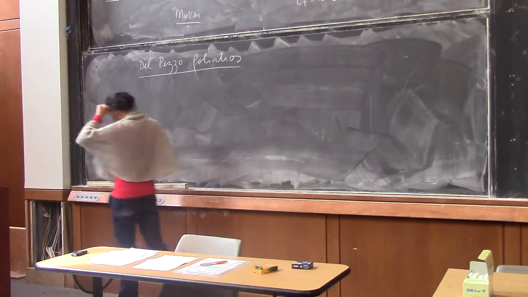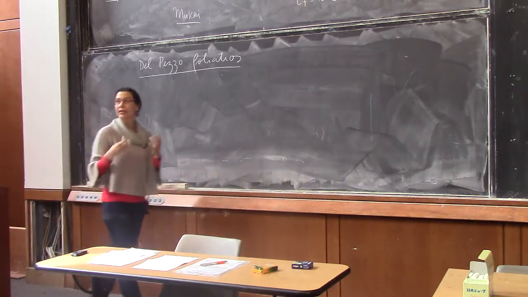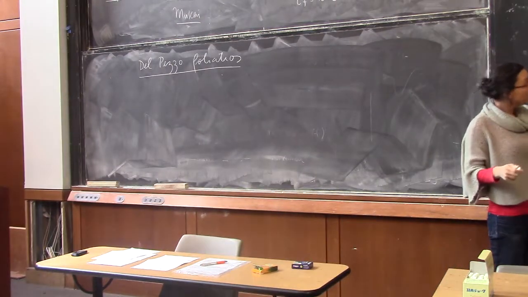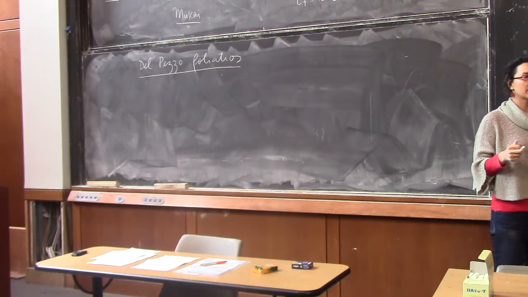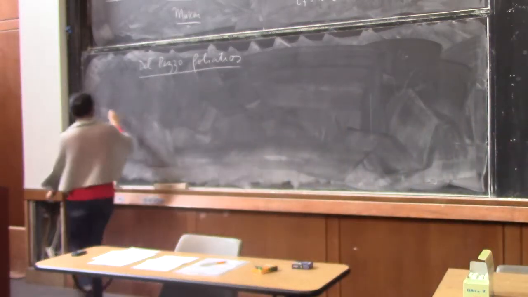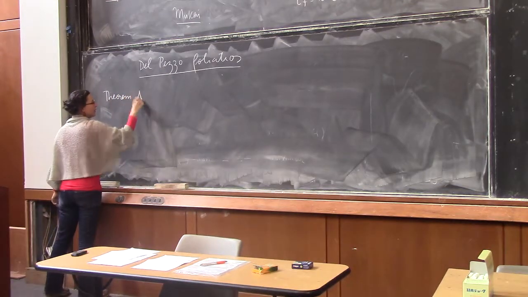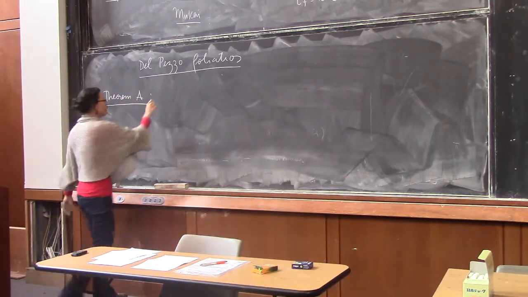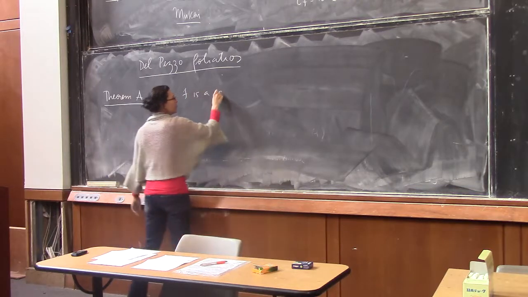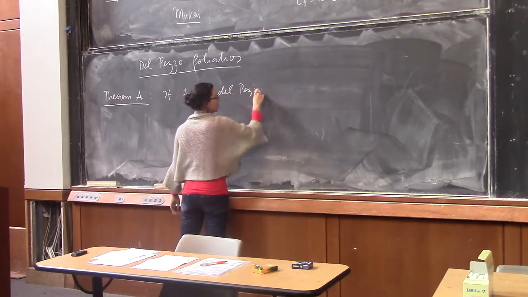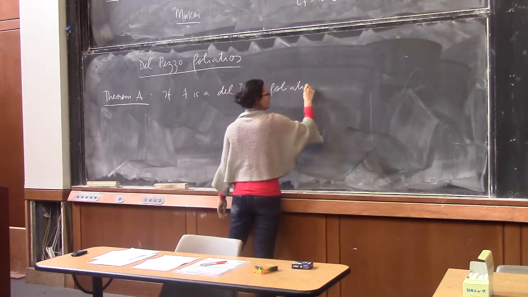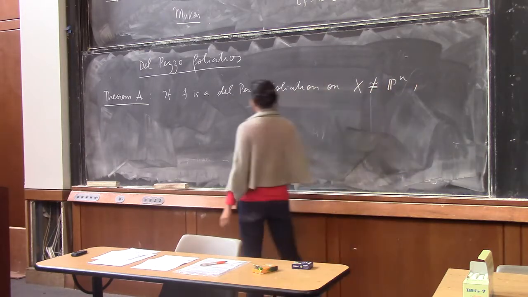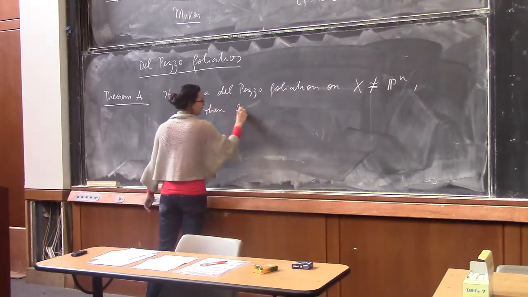The theorem that I want to describe is concerned with algebraic integrability. As I pointed out, we just saw a very simple example of a del Pezzo foliation which is not algebraic. But our first theorem says that this is the only case. So if F is a del Pezzo foliation on a variety different than Pn, then F is algebraic.